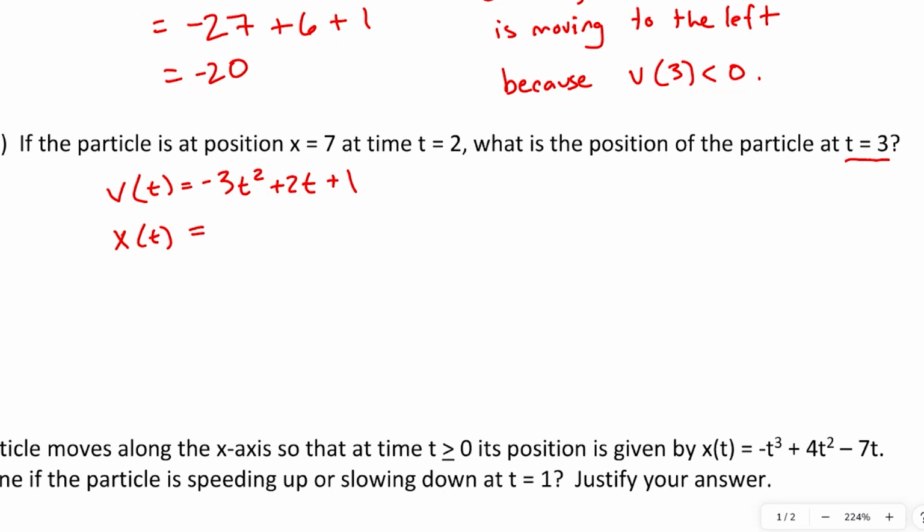is equal to the integral of negative 3t squared plus 2t plus 1 dt. So we need to integrate that.